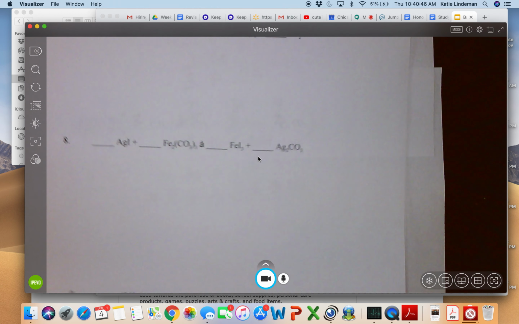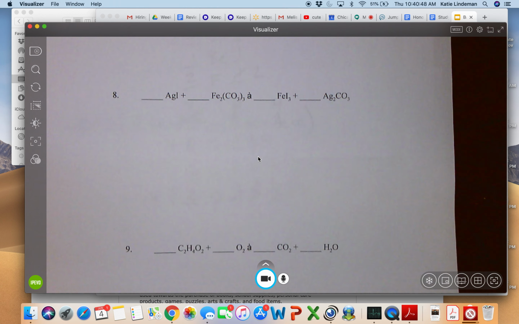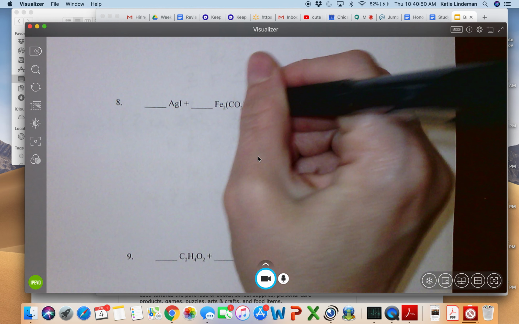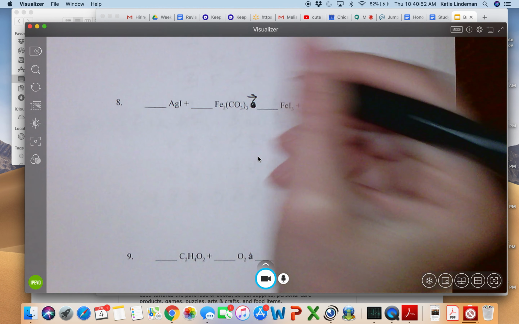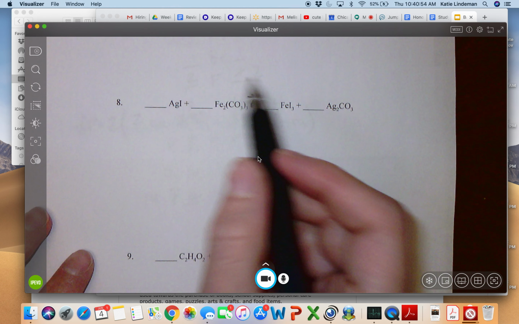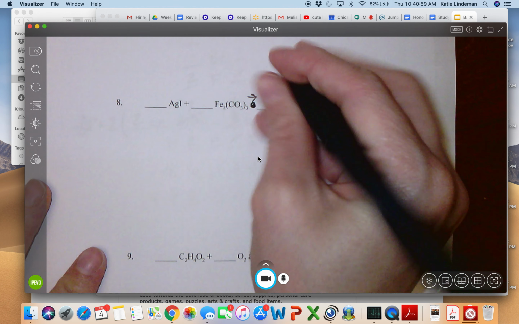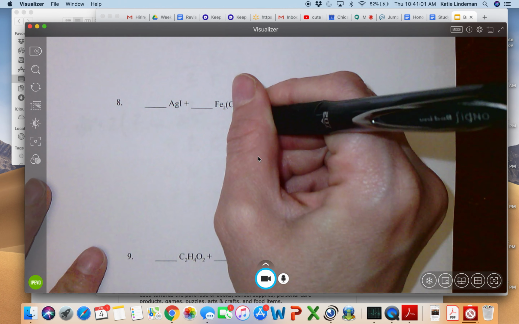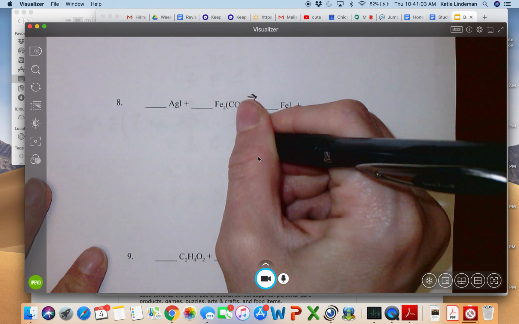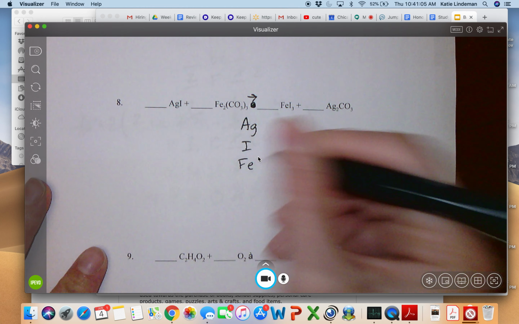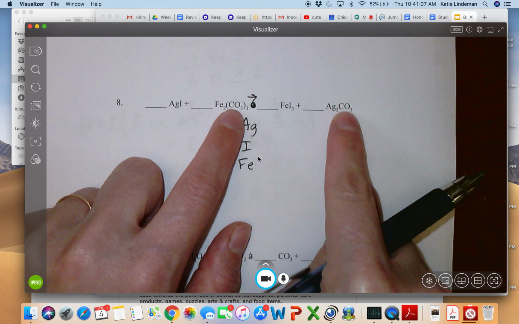Okay. All right, so this next example, and again, this is all goofed up. This should be an equal sign, or a yields sign rather. Okay, so number 8, again, we just want to count out how many we have. So we have silver, we have iodine, we have iron, and then if we look, we have a polyatomic.